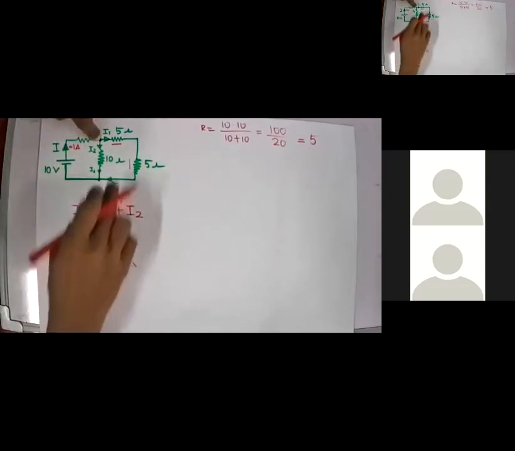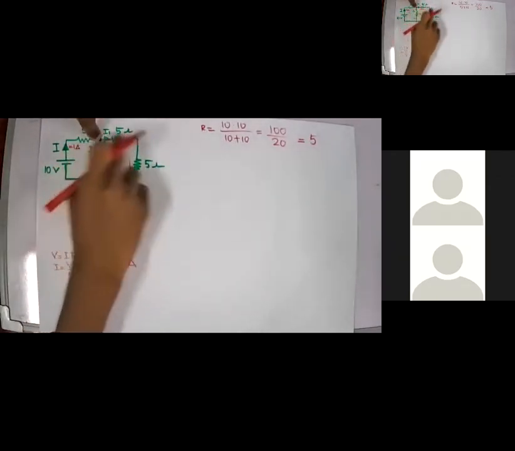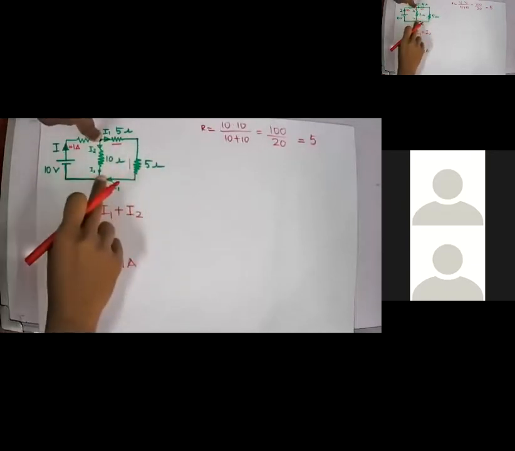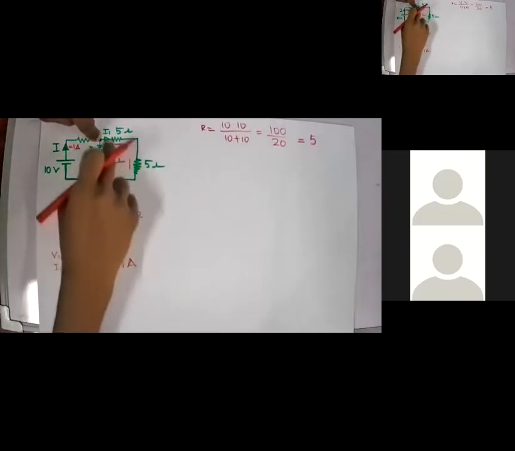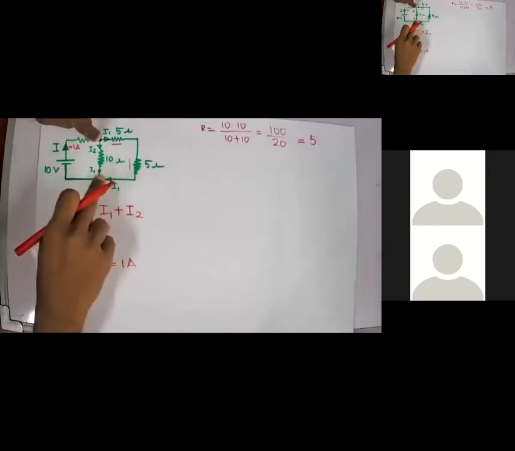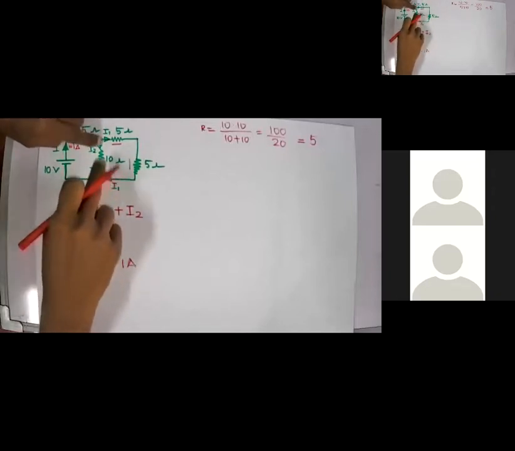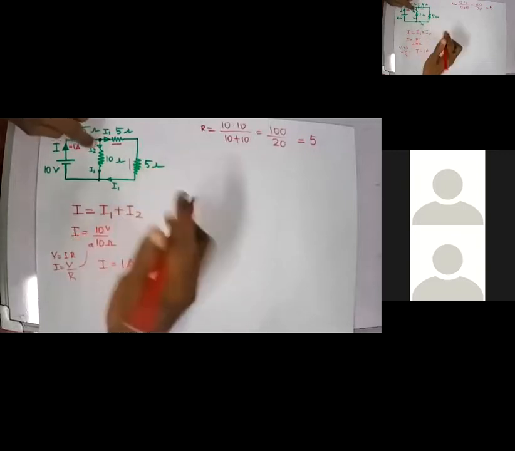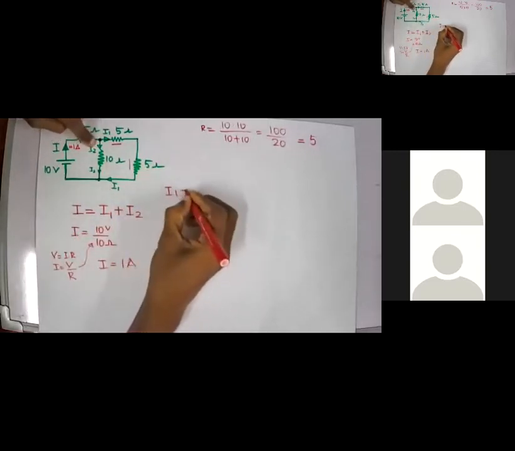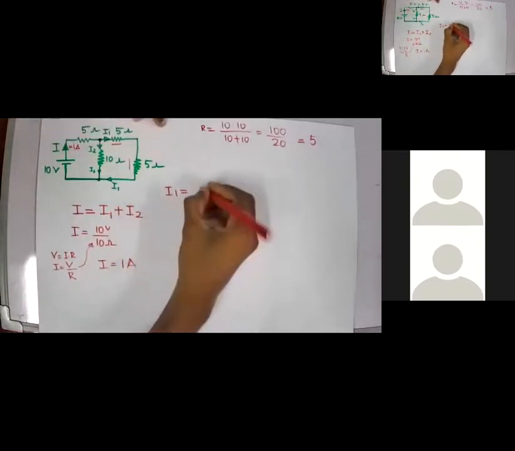Again, look at here. I can say these two as current dividers. Am I right? So this is a 10 ohm resistor, another 10 ohm resistor, and I is going through 10 ohm, 10 ohm. So simply I can calculate my I1 as 10, 10, right? So it will be equal.